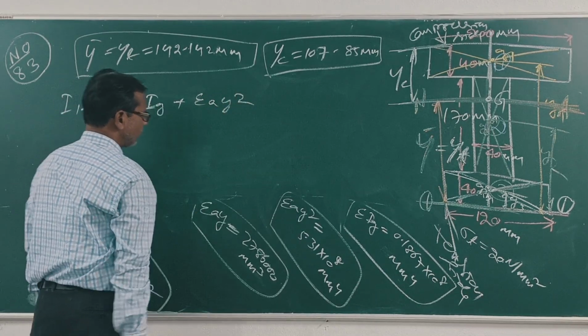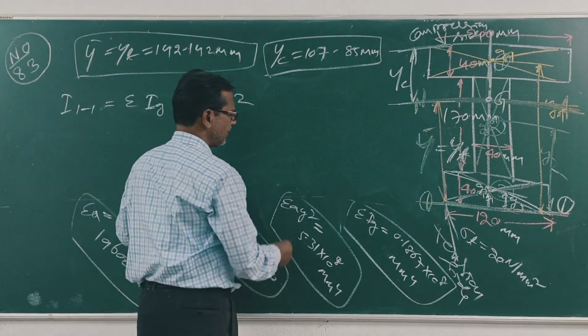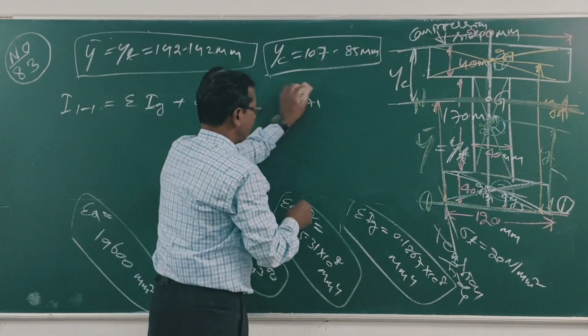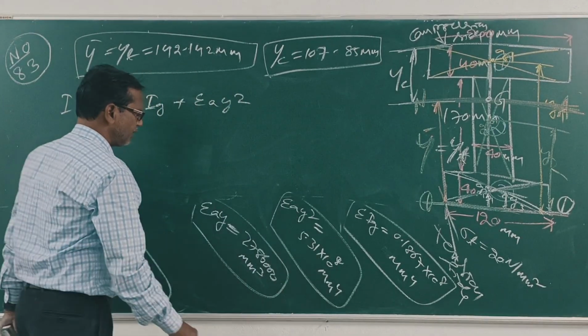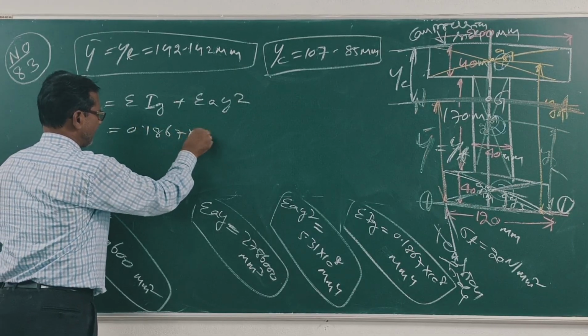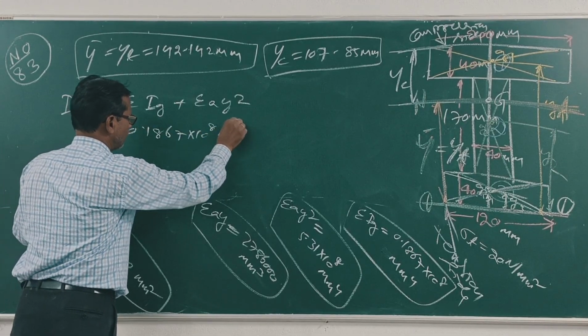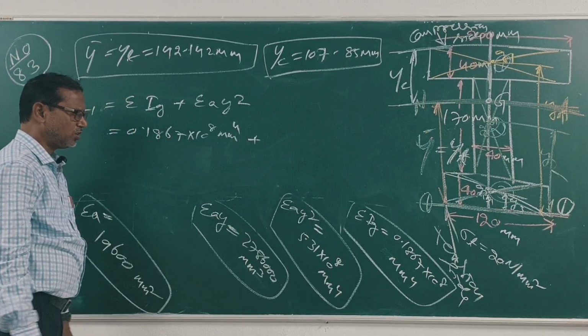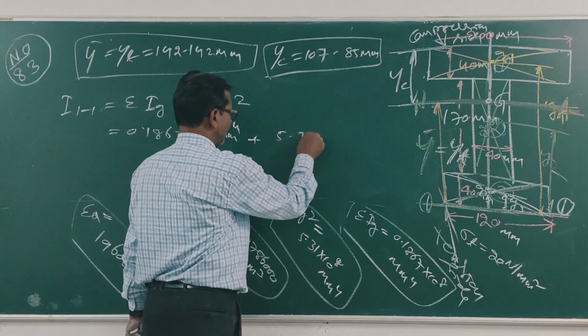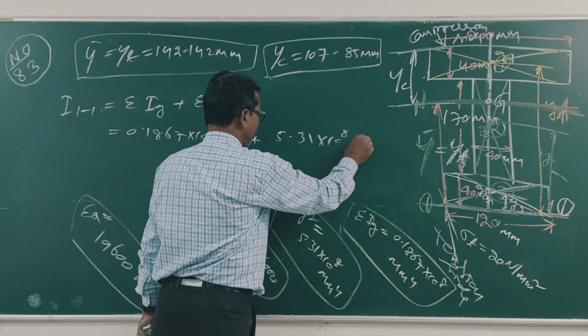What is sigma Ig? 0.1867 10 to the 8 is sigma Ig. 0.1867 10 to the 8 mm fourth plus the sigma A y square, 5.31 10 to the 8 mm fourth.